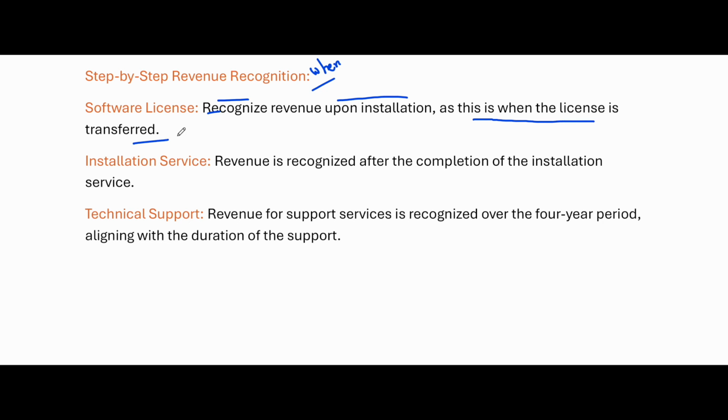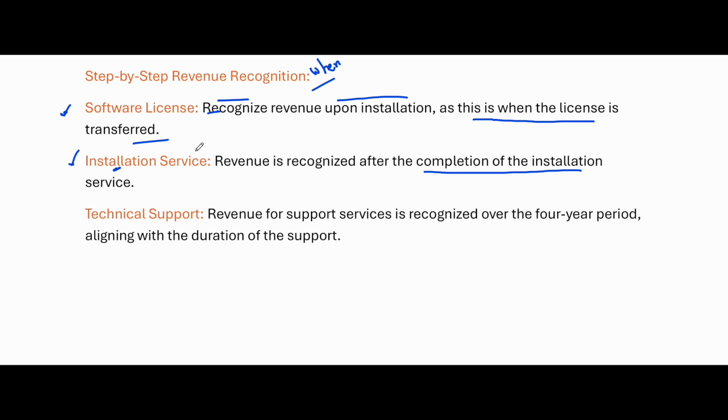Okay, one performance obligation is done, and you are recognizing the revenue immediately, right? After installation, transferred, installed, you need to recognize the revenue, especially for the software license. Completion of the installation, then you need to recognize the revenue.